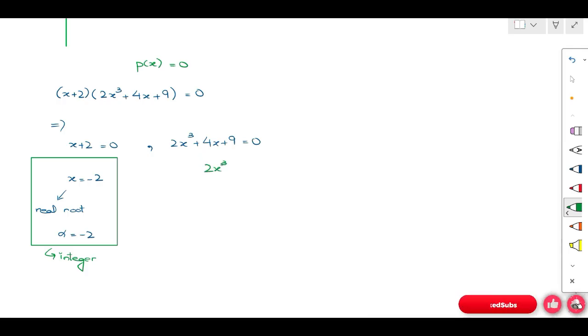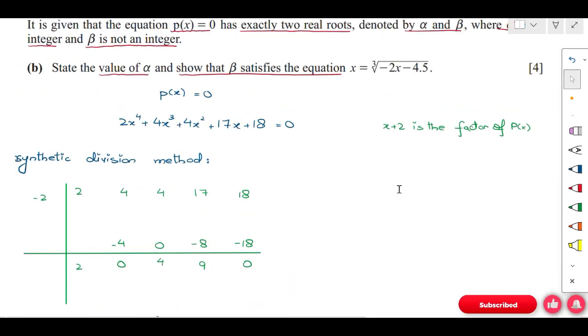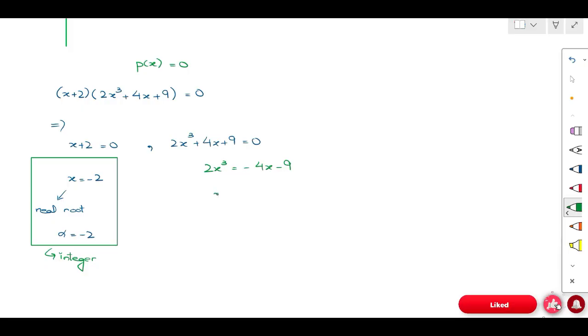So 2x cube should be equal to minus 4x minus 9. So x cube is equal to minus 4 divided by 2 times x, minus 9 divided by 2. So x cube is equal to minus 2x minus, what is 9 by 2? It's 4.5.